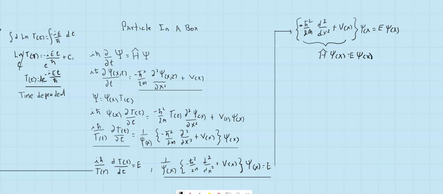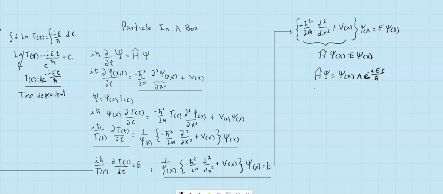if I want to solve this with my time dependent, having the Hamiltonian acting inside, this is going to be equal to psi of x times A e to the negative i E t over h bar. But I know that this A, this constant right here, is going to be absorbed by psi of x.